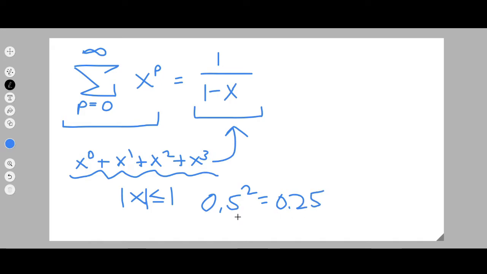So it gets smaller when you square a value that's less than 1. And because the powers keep increasing, the numbers get smaller and smaller each time. So you're going to end up with a convergent value, instead of divergent, and that's why it has a value right here.